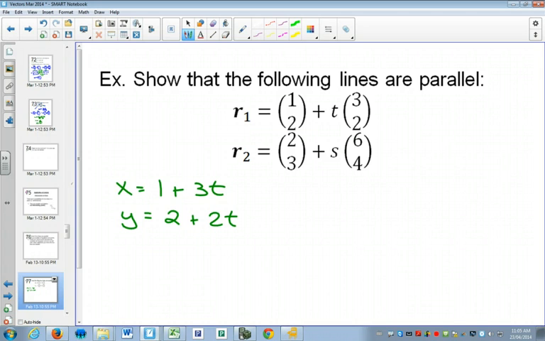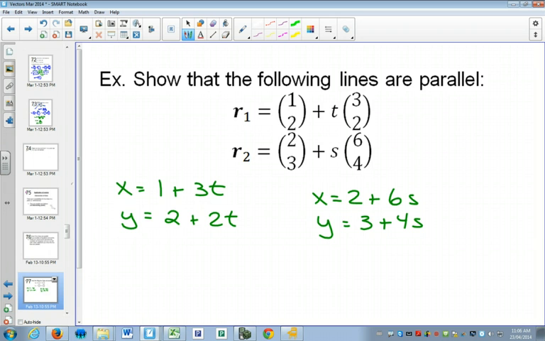And for R2, we have x is equal to 2 plus 6s, and y is equal to 3 plus 4s. We want to solve for s and t, and if we solved for that and we got values, we'd find the point where they actually intersect.